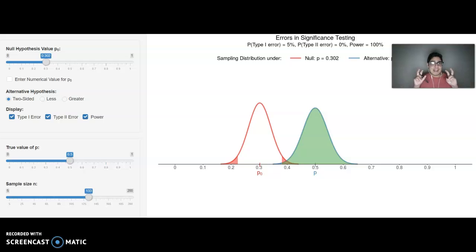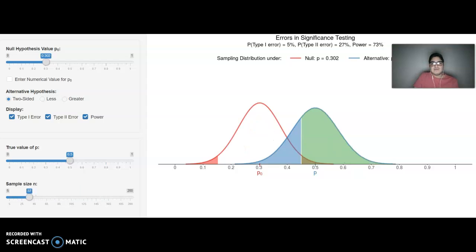So as the spread, or our standard error, is decreasing, and it decreases as sample size increases, we can see that the power and type 1 errors are actually both increasing, whereas the type 2 error is decreasing. So that's in the increasing direction, and if I go in the decreasing direction, we can see everything's kind of changed. So now we can see these different components.